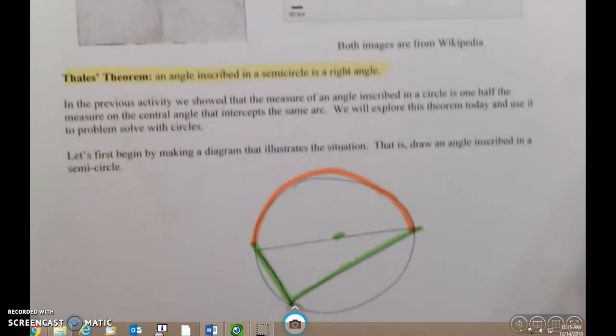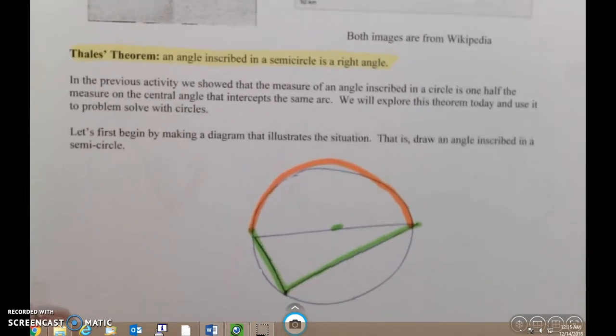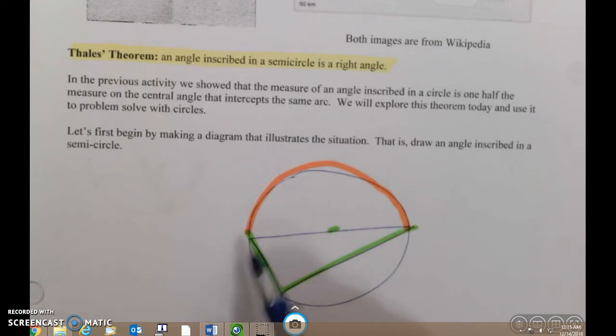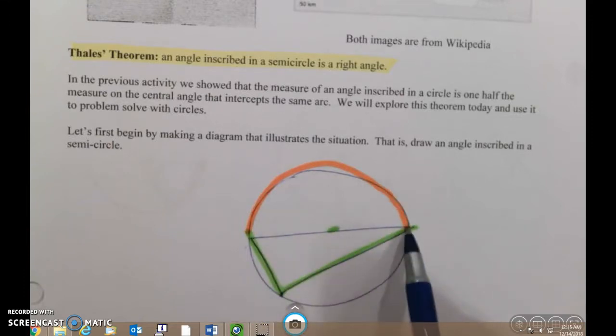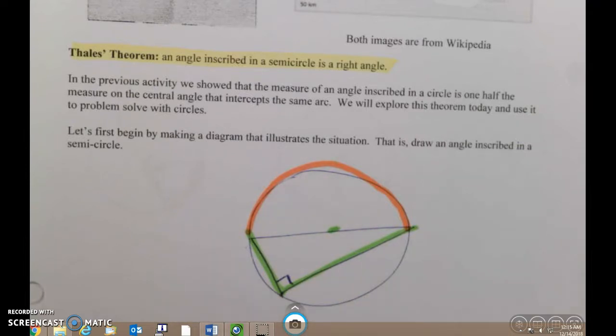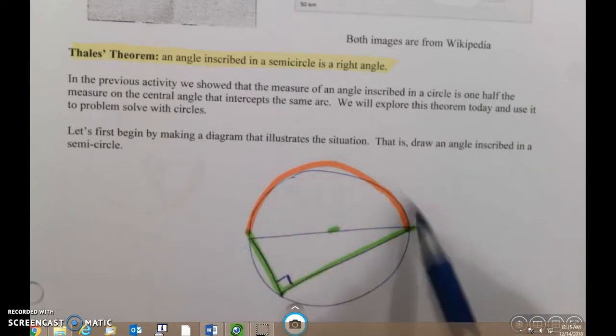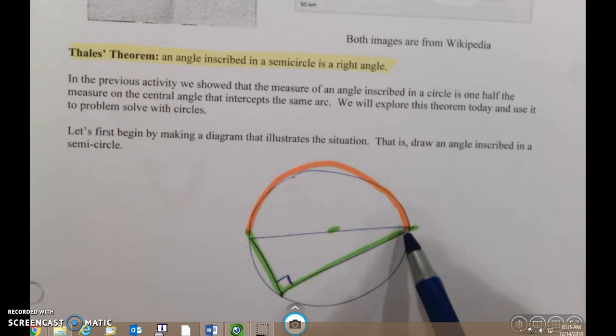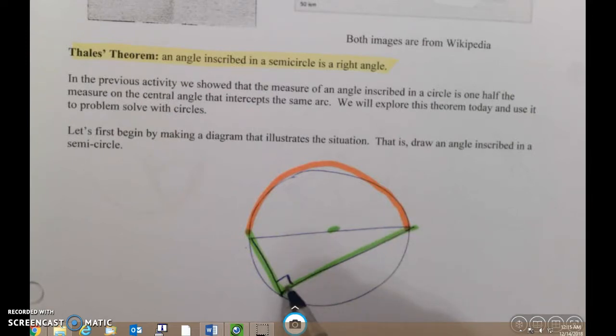If you take a look down at the bottom of the page, though, the big idea with Thales' theorem is that if an inscribed angle intercepts a semicircle, then its angle will always be a right angle. And that makes sense because a semicircle has 180 degrees and the inscribed angle would be half of that, which is 90 degrees. So that's how we get there.